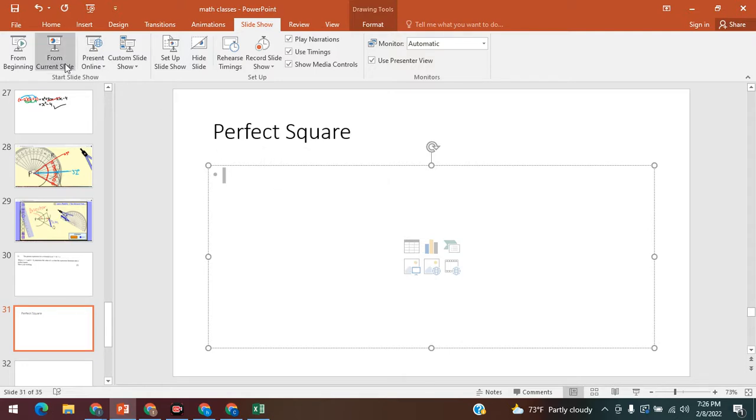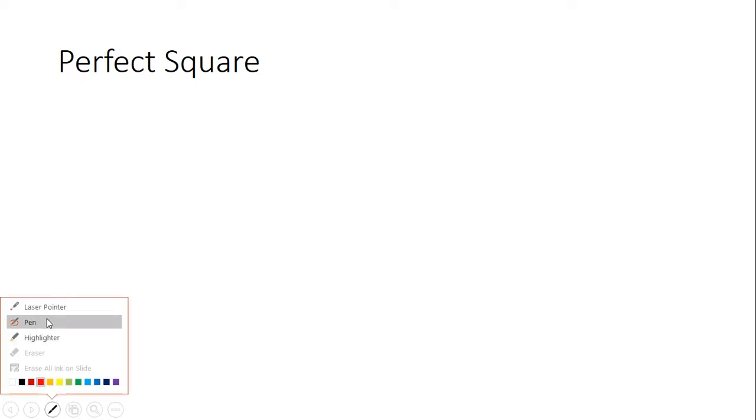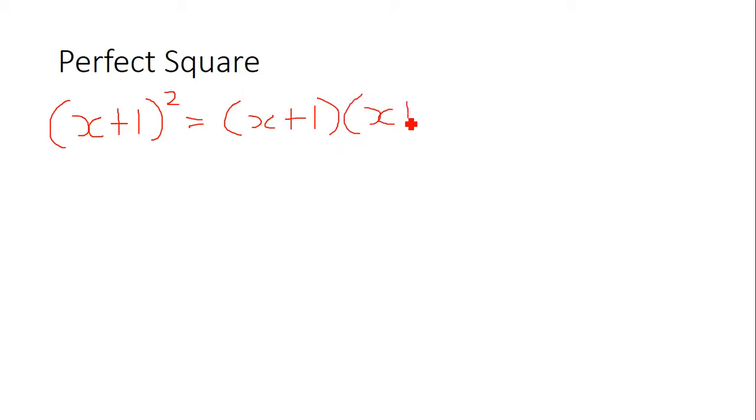What do you mean, like 16? No, not that type of perfect square. Perfect square means if we have something like x plus 1, all squared, that's a perfect square, because that's equal to x plus 1 times x plus 1.